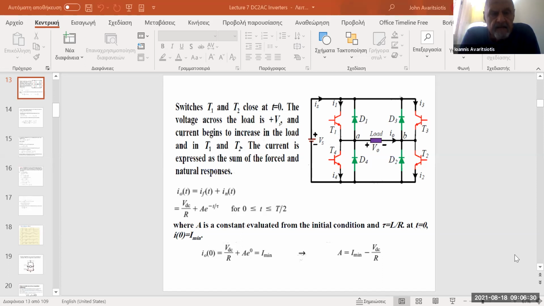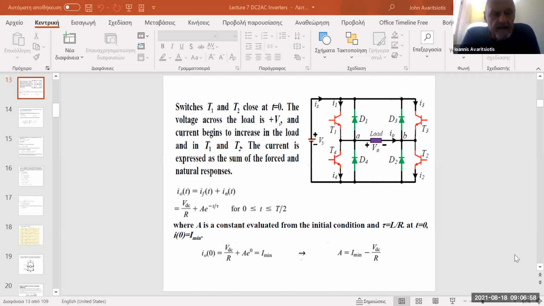we can assume that the current flowing through the load, through this resistive component of the load, can be expressed by using Ohm's law, by dividing the voltage across the load for this time slot. And this time slot, if you remember, was half of the period, from 0 up to half of the period.